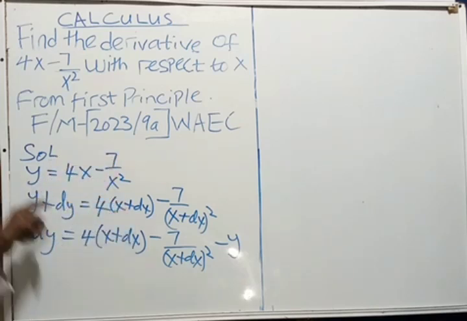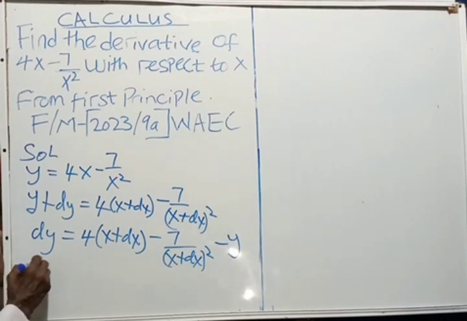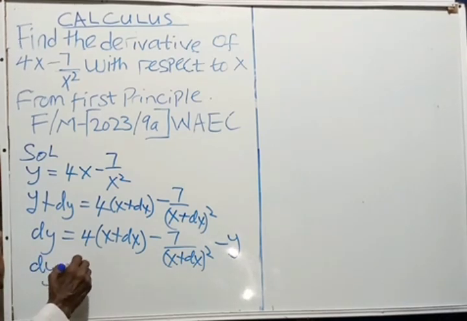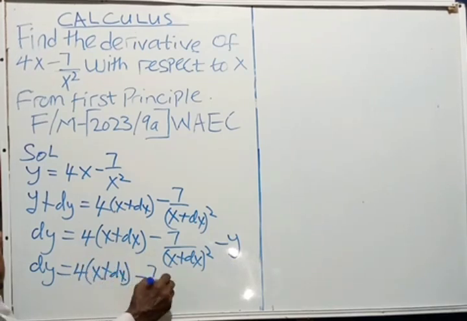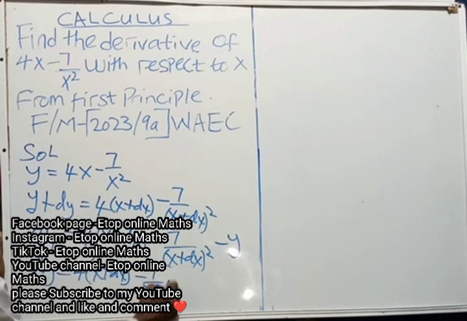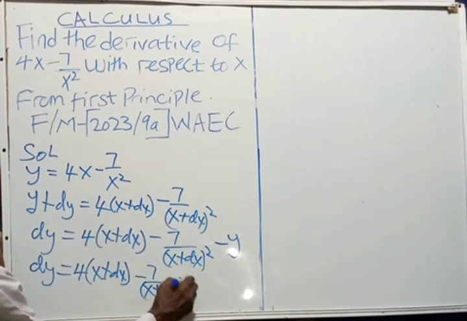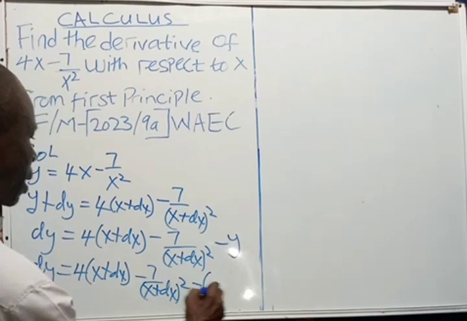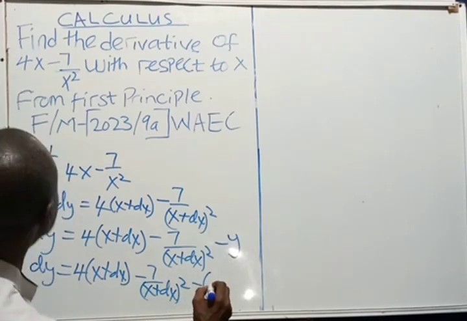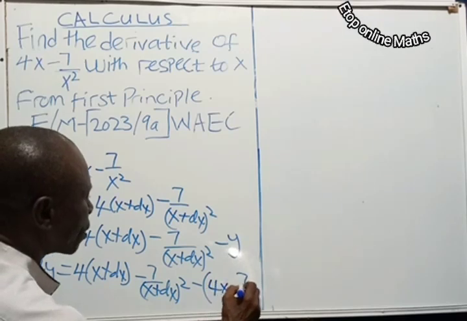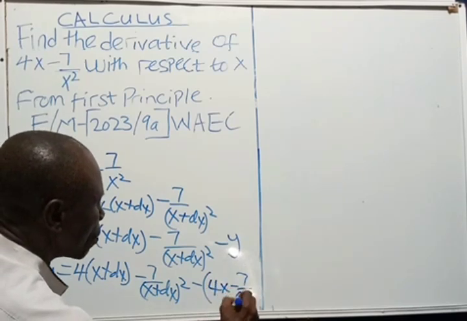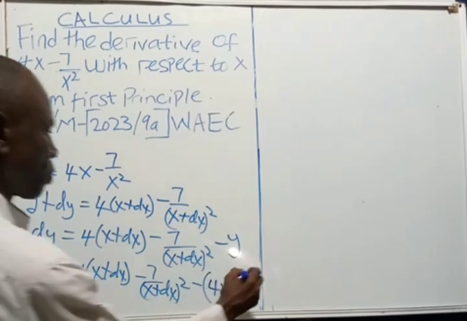So I am now going to substitute that value in place of y. So now I have again dy equals 4 into x plus dx minus 7 over x plus dx raised to power 2, minus, in bracket, 4x minus 7 over x raised to power 2.